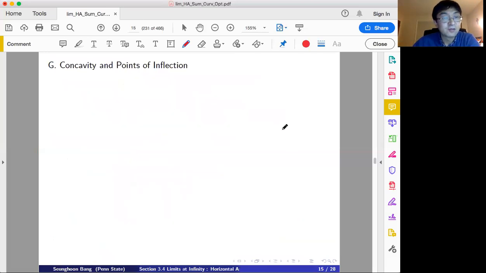Next, concavity and points of inflection. How can you find the concavity? Second derivative. The first derivative is from the previous pages. We have 6x over x squared plus 3, squared.